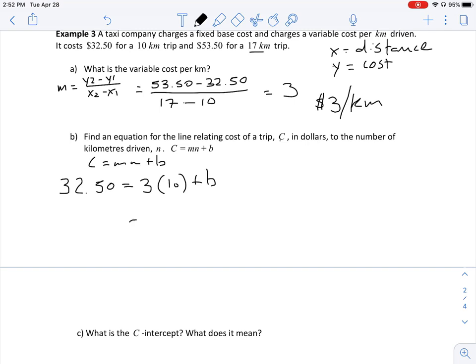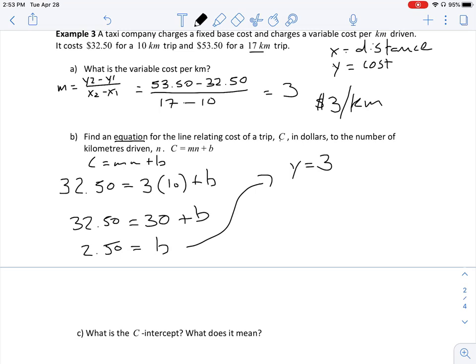So I go ahead and do the math here. 3250 is equal to 30 plus b. Well, then 3250 minus 30, 250 is equal to b. So that means the equation would be y is equal to, what's our rate? $3 per kilometer. So 3N per kilometer, number of kilometers, plus a $2.50 base fare.